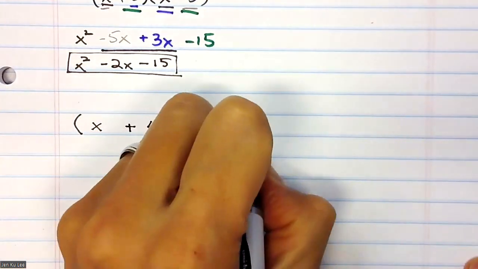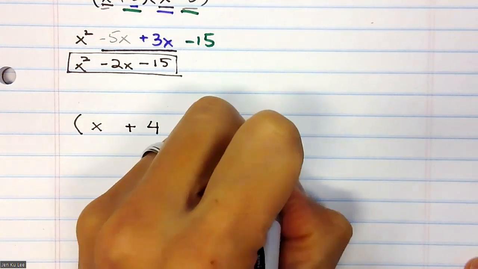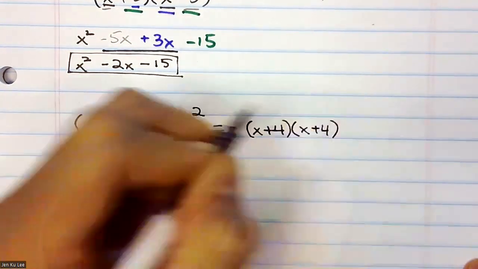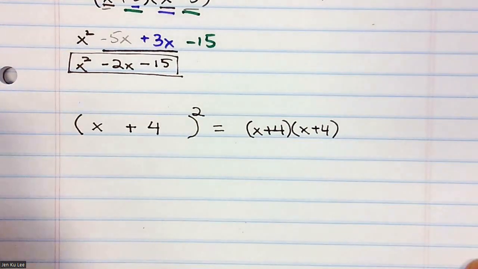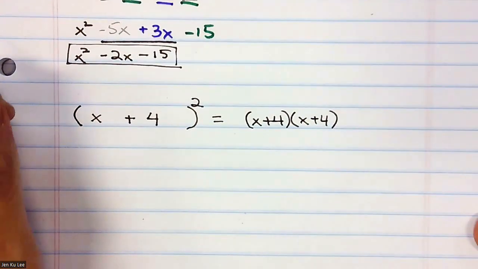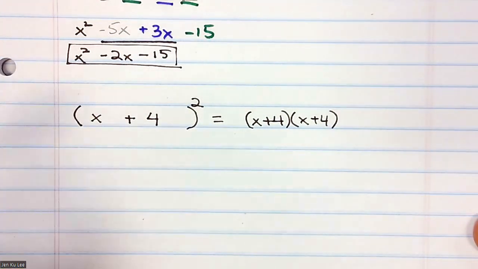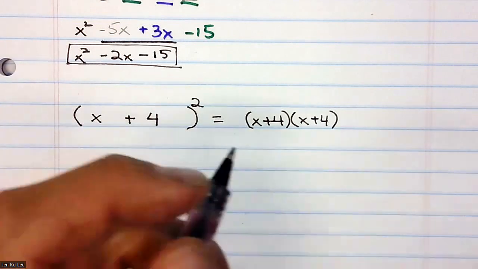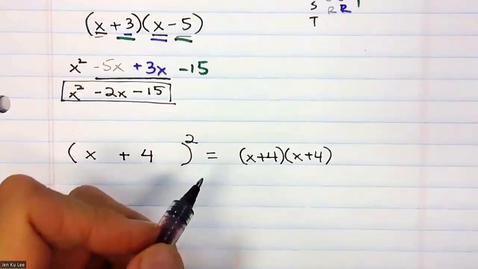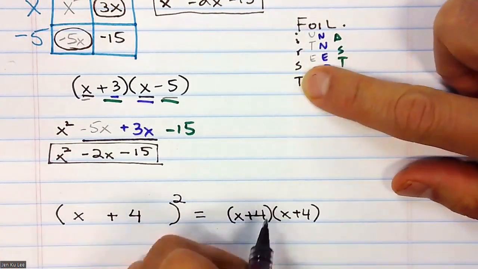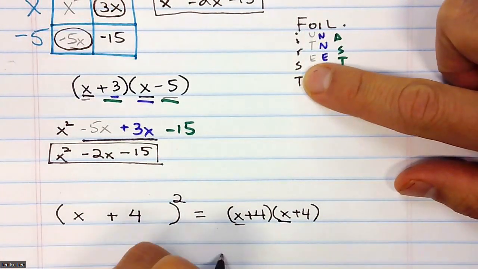But I'm going to multiply just to show you this. X plus 4 times x plus 4. Okay, if we FOIL or box method, same thing. I'll use the foiling in this case, and then the next example we'll use box. So we'll use both ways, so I hit everybody's preferences. F is first, so x times x is x squared.